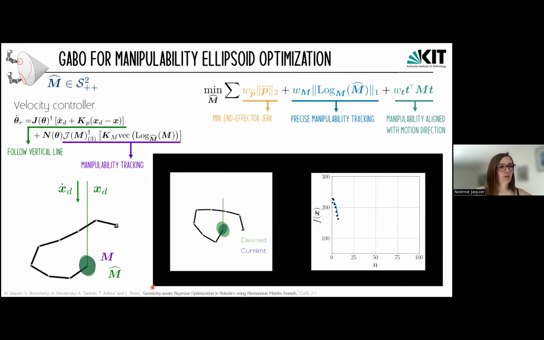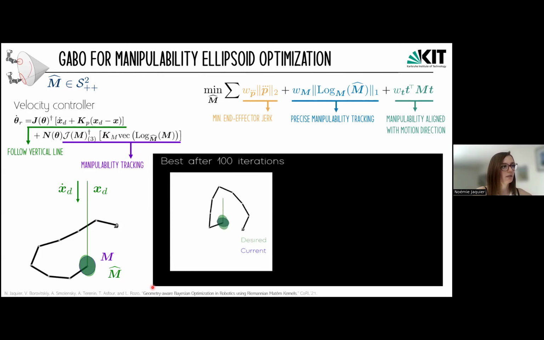And you will see that after a few iterations, the manipulability gets aligned with the motion direction and the robot is able to track it better. And you see on the right that the cost function is dropping and reducing with more iterations. And I will show you now the best after 100 iterations. So you see that the manipulability is aligned with the motion direction and the robot is actually able to track it most of the time.